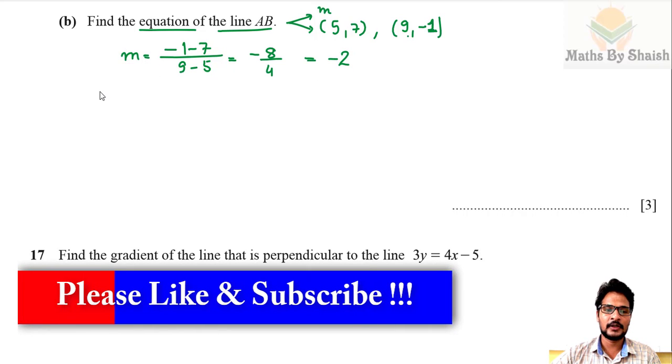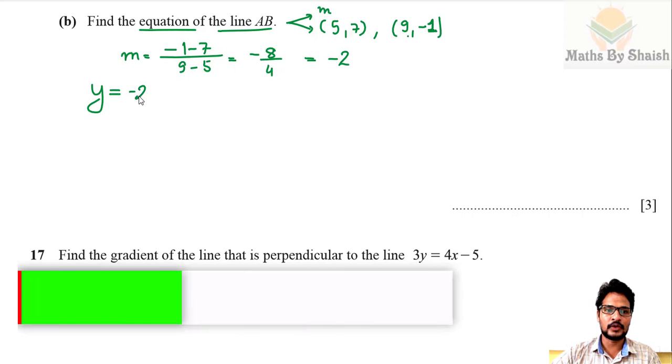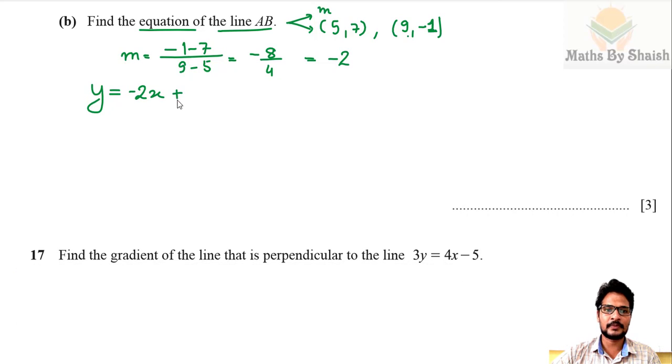Once we have the gradient, the equation of the line becomes y equals -2 (the gradient) times x plus c. And in order to get this constant value, we'll substitute any point. We can check this at (5, 7). So when y is 7, x is 5, so 7 equals -2 times 5 plus c.